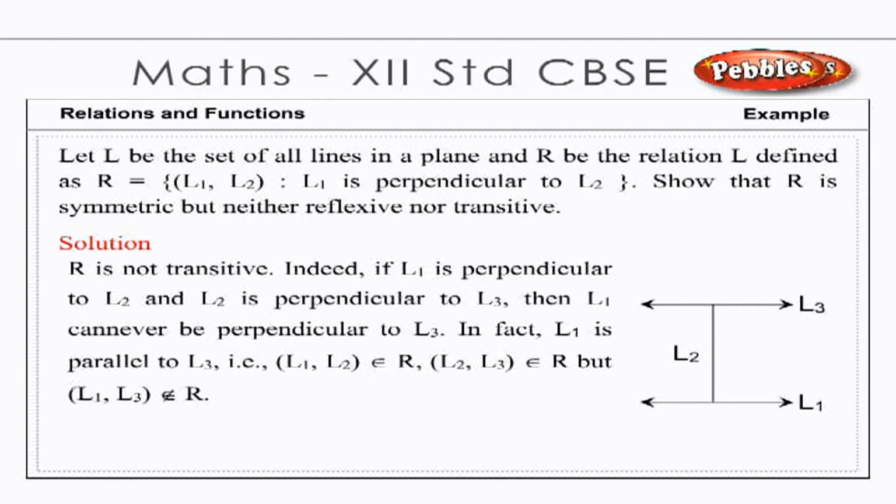Indeed, if L1 is perpendicular to L2 and L2 is perpendicular to L3, then L1 can never be perpendicular to L3. In fact, L1 is parallel to L3. That is, (L1, L2) belongs to R, (L2, L3) belongs to R, but (L1, L3) does not belong to R.